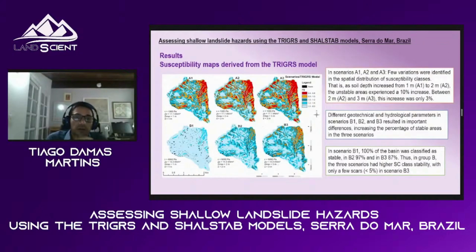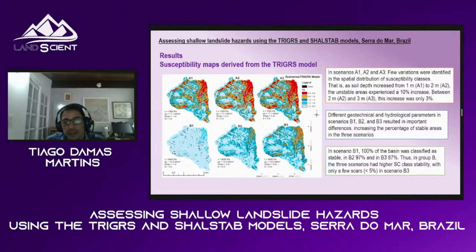So here are the results of the TRIGRS model. Look, there are 6 scenarios: A1, A2, A3, B1, B2, B3. The main difference here is that if you increase the cohesion value, it decreases the unstable areas. TRIGRS presents a result based on the safety factor, above 1 or under 1.